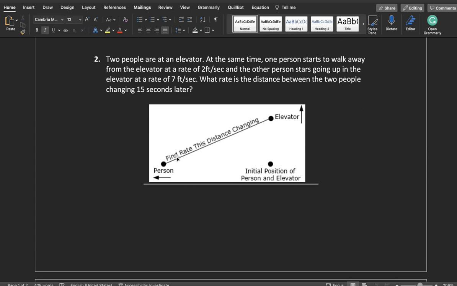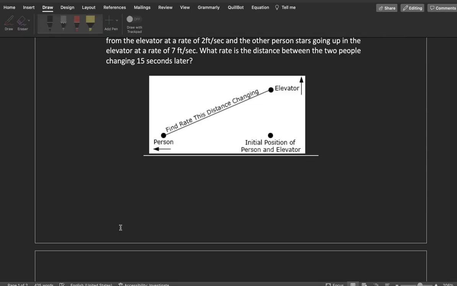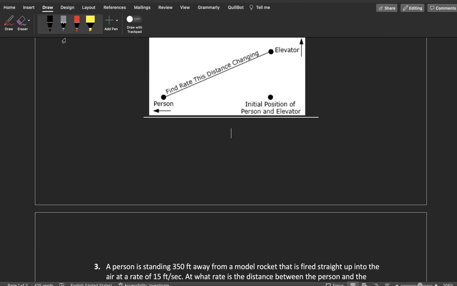Okay, so let's try to illustrate this a little better. This figure here shows you what it should look like, but we should also try to make a small drawing of what we actually mean here.